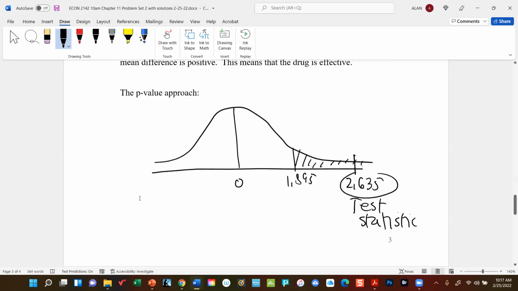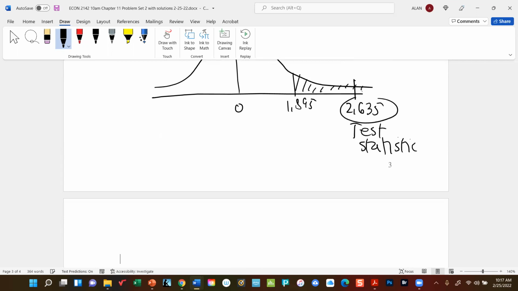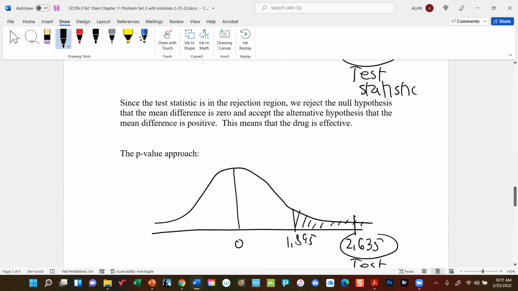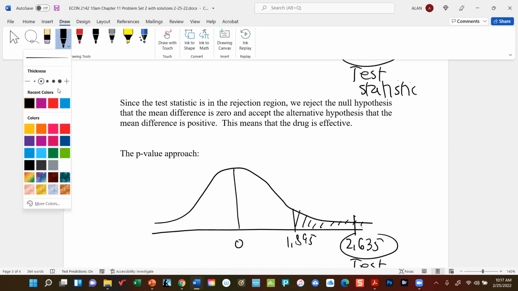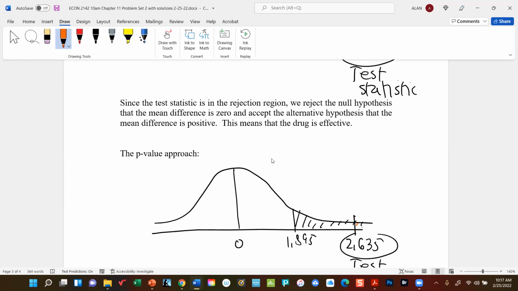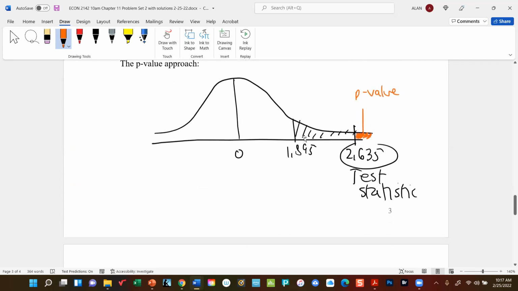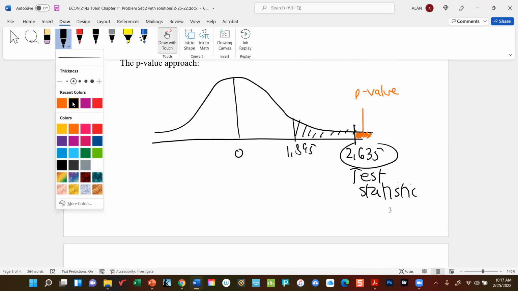So I just want to quickly remind you that when you use the p-value approach, what you've actually done is calculate the area in the tail that is in excess of your test statistic. And you can see it's going to be a fairly small number, which makes sense because that is why we will be able to reject the null.